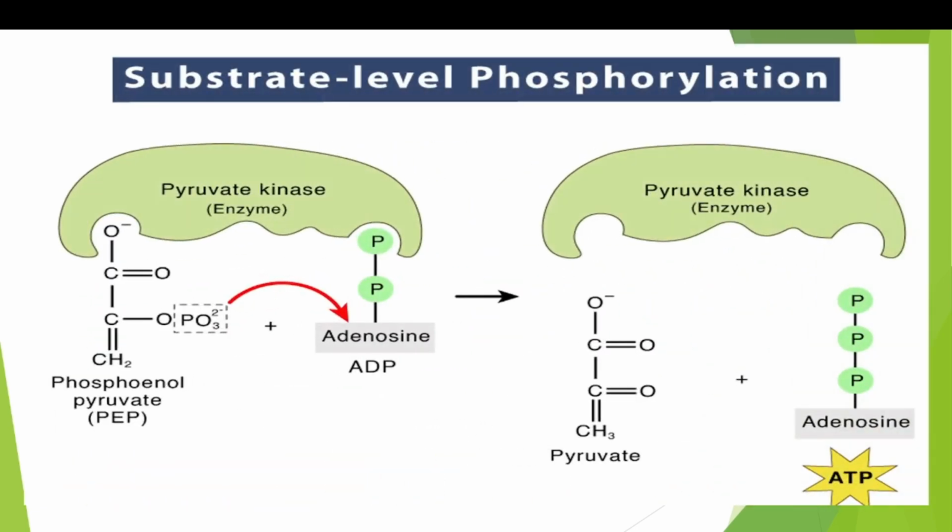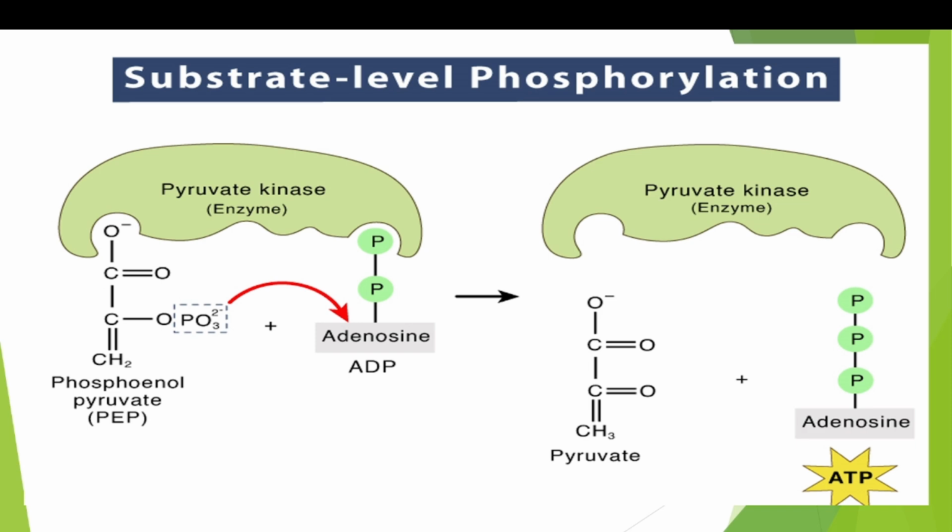The third type of ATP production process is substrate level phosphorylation. This is different. There is no need of electron transport in substrate level phosphorylation. For example, in glycolysis there is one step where phosphoenol pyruvate is converted into pyruvate. During this process, one ATP is produced without any electron transport chain or photophosphorylation.